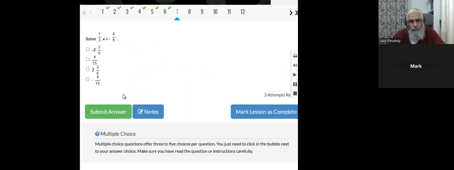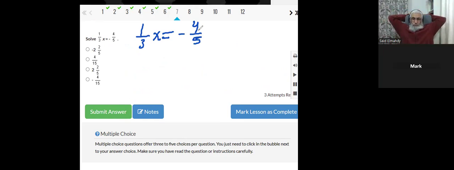Read this. One over 3 x equals negative 4 over 5. How to solve for x?